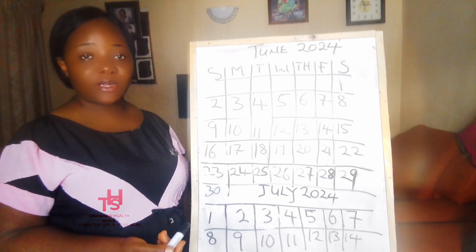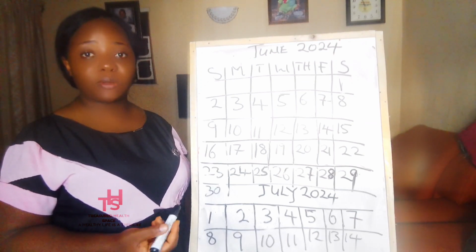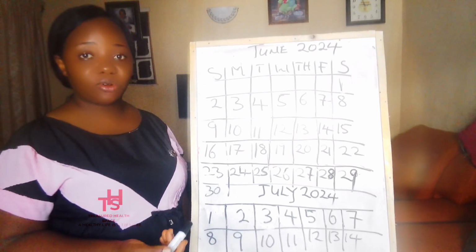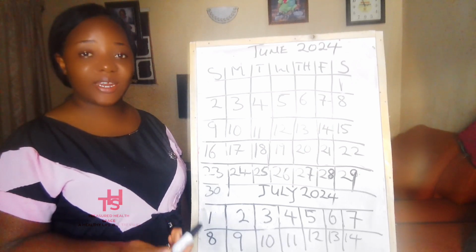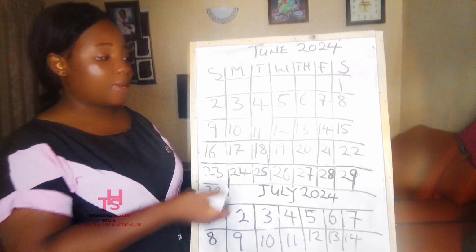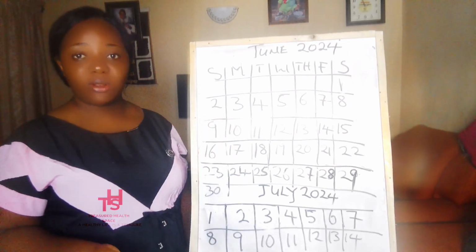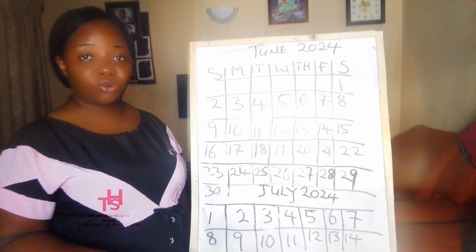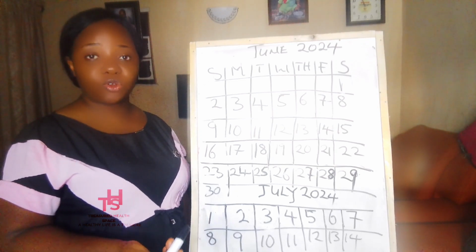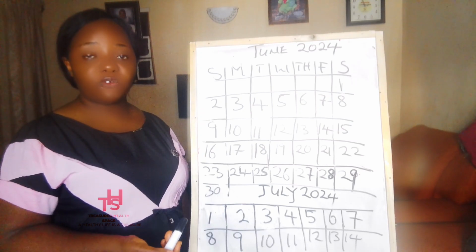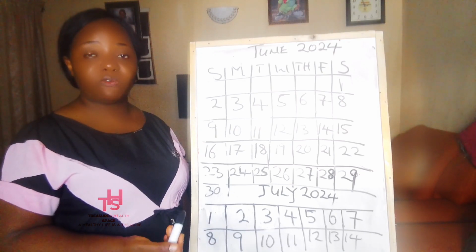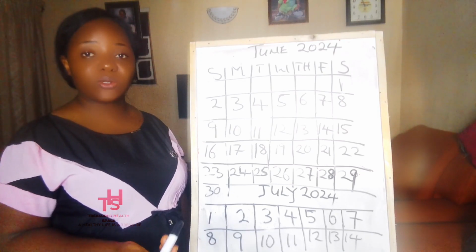Some people believe that if they see their period on a particular day of a particular month, then their next period will come on a particular date of another month. For example, if they see their period on the 3rd of June, they expect that their next period will start on the 3rd of July. That is not correct, because if you know your cycle length, you will know that the dates will vary depending on your cycle length.